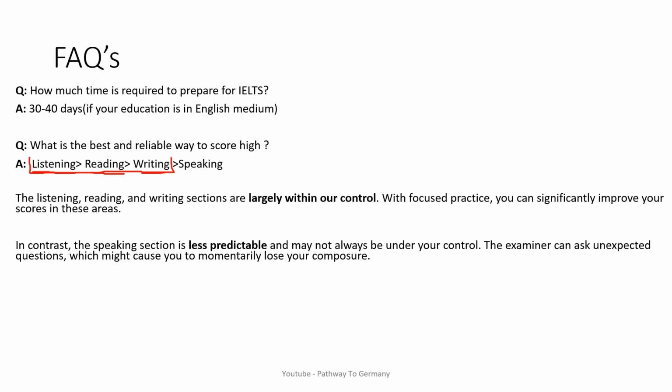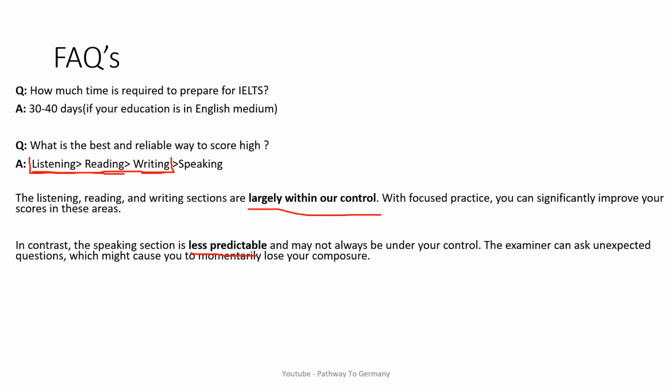But when it comes to the speaking test, you never know what question the examiner will ask. You might stumble, and you might run out of thoughts when you're trying to answer the question. So the speaking section is less predictable. The first part is largely within your control.